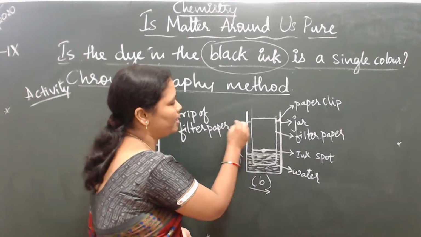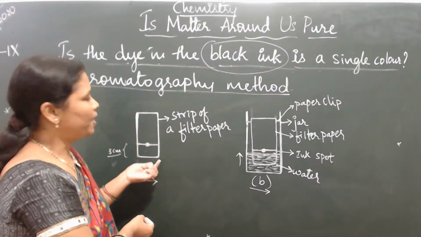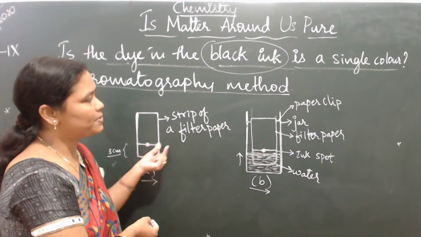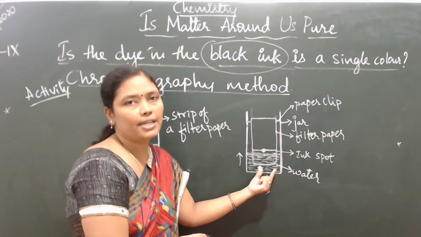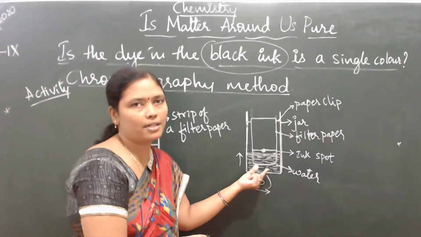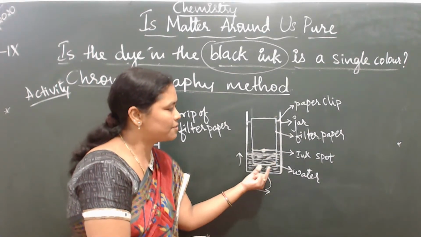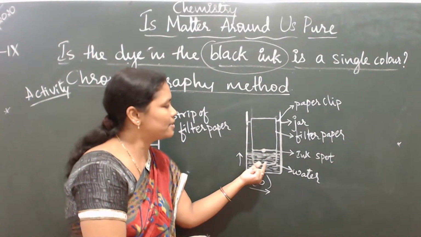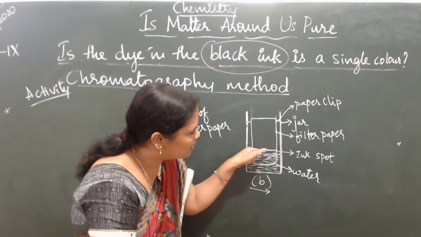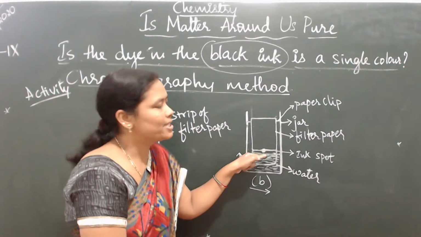Okay, what will happen? After dropping a drop of ink on this strip, we have placed the filter paper in a jar in which 30% is filled with water. The strip is placed in such a way that the line is just above the water level.